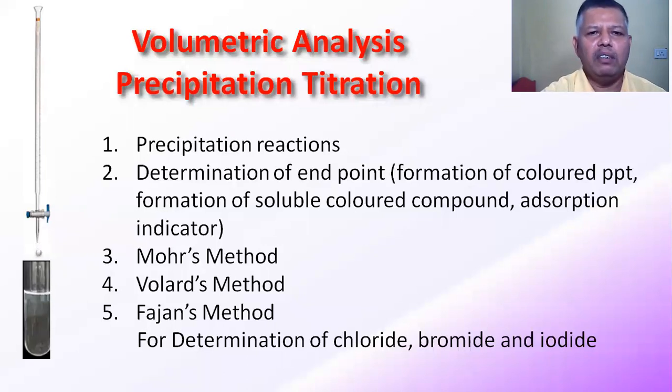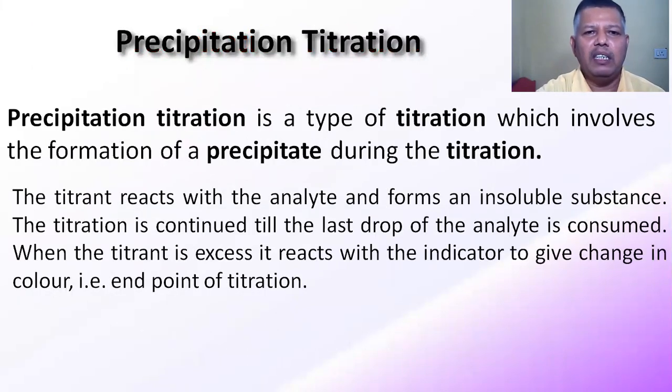In the precipitation reaction, one component, for example a metal, and the anions present in the solution like halogen anions, are determined when they interact with the metal, like silver ions, and get precipitated out.